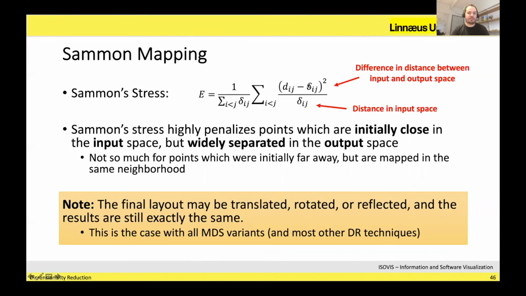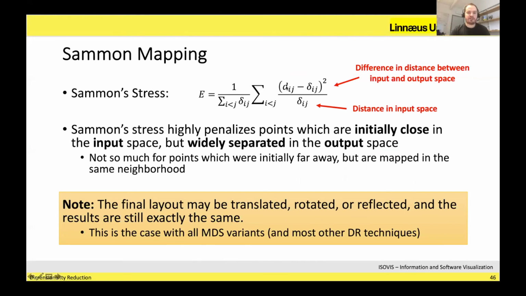And delta ij is the distances between i and j in the original space. So every pair of points has distances in the original space. For example, you just take the original vectors and calculate the Euclidean distance. And they also have distances in the final low dimensional representation, which is again, for example, just a Euclidean distance in the final 2 or 3D representation that you found.